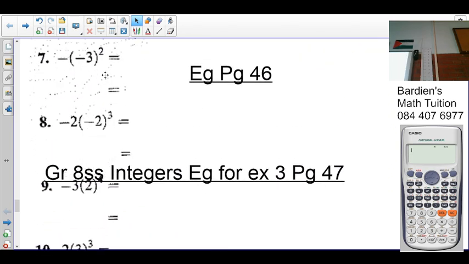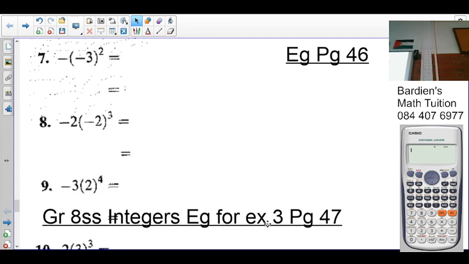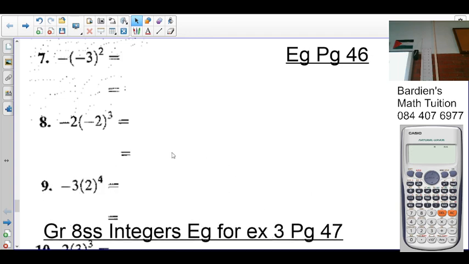Look at number 7. According to this, what must be done first? The bracket. The bracket must be done first. So that would simply be negative, open brackets.